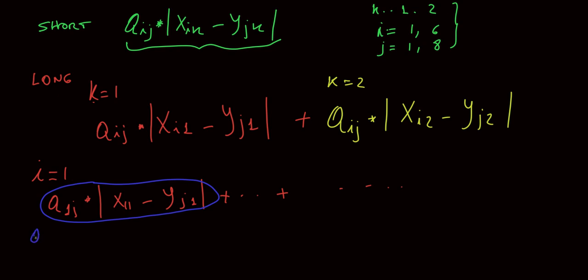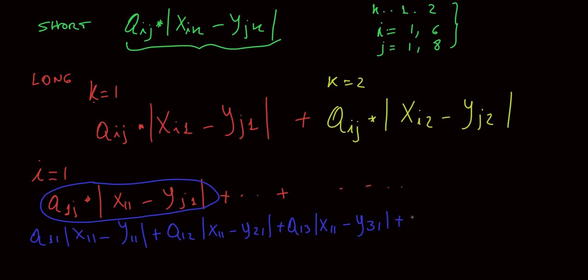If you expand over j, then you will have a_11 times the absolute value of x_11 minus y_11, plus a_12 times the absolute value of x_11 minus y_21, plus a_13 times the absolute value of x_11 minus y_31, plus, if you want another term, a_14 times the absolute value of x_11 minus y_41, and so on until j takes a value of 6.